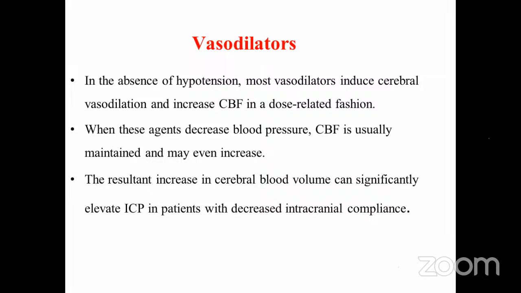Vasodilators. In the absence of hypotension, most vasodilators like hydralazine and nitroprusside induce cerebral vasodilatation and increase cerebral blood flow in a dose-related fashion. When these agents decrease BP, cerebral blood flow is usually maintained and may even increase. The resultant increase in cerebral blood volume can significantly elevate ICP in patients with decreased intracranial compliance.